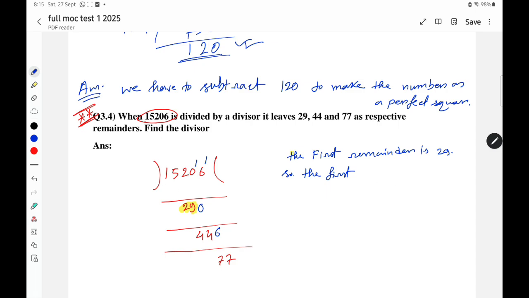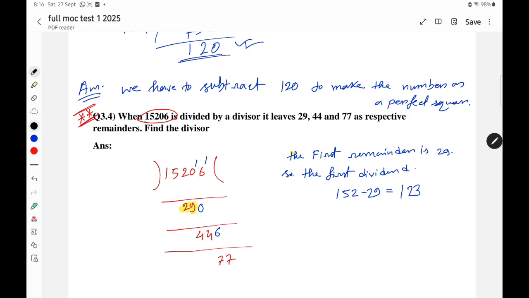So the first dividend will be 152 minus 29. Okay, sorry. কত আসছে? 123.